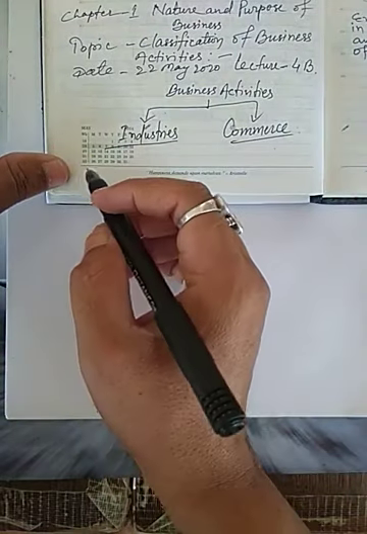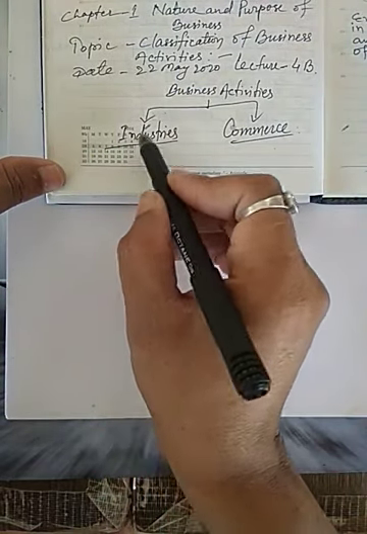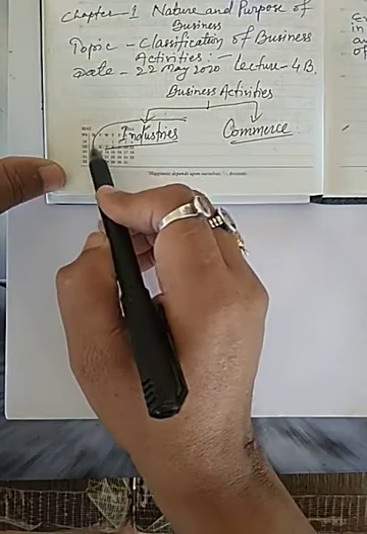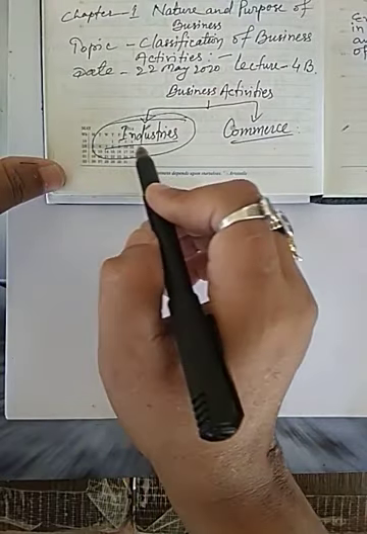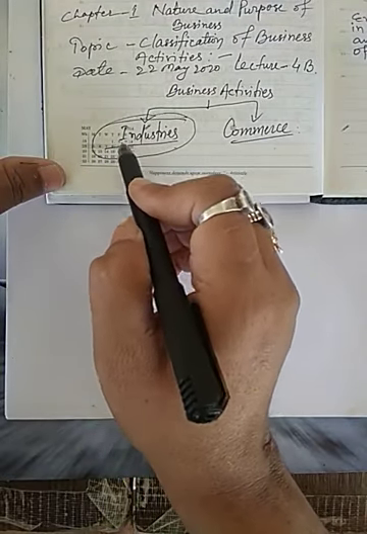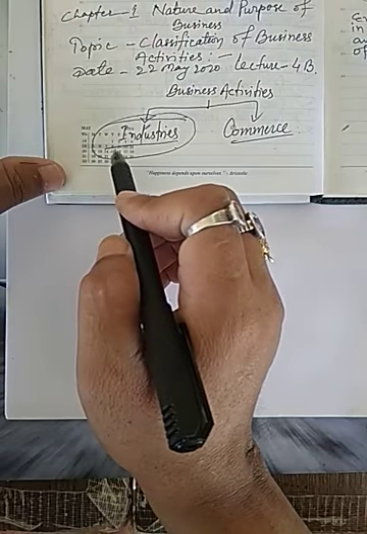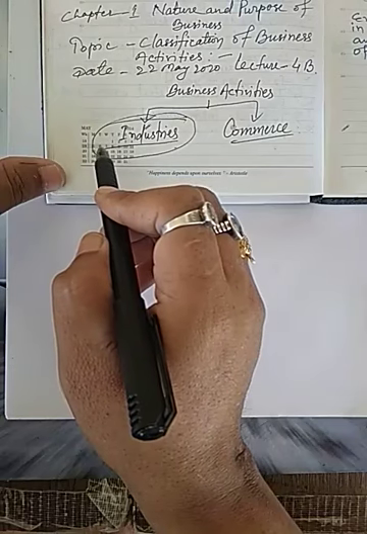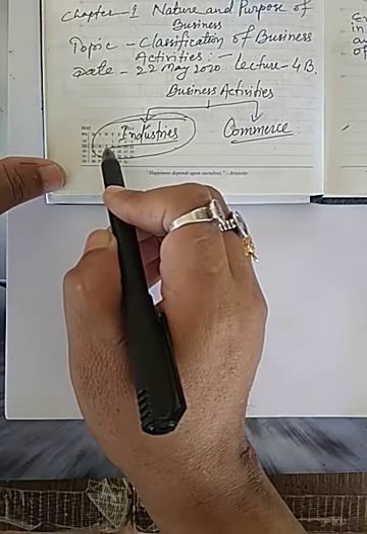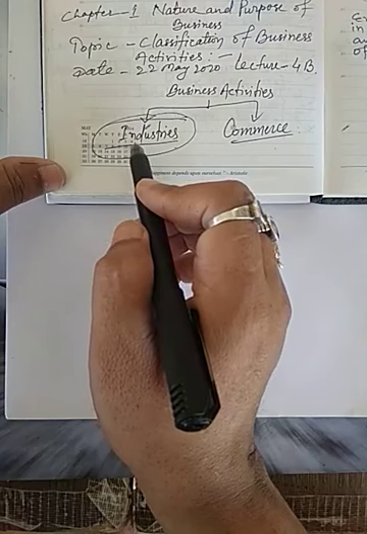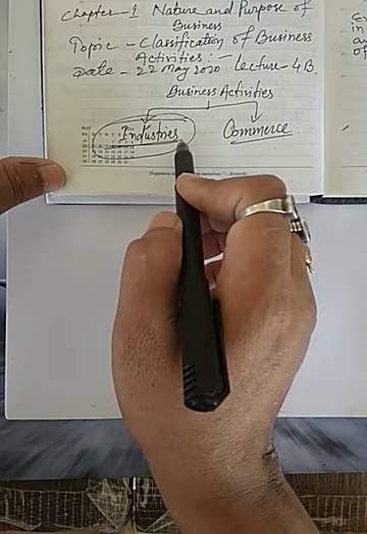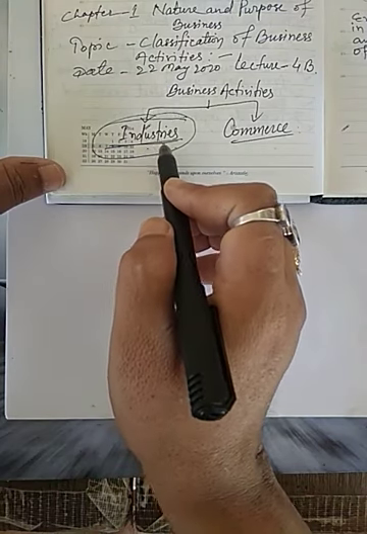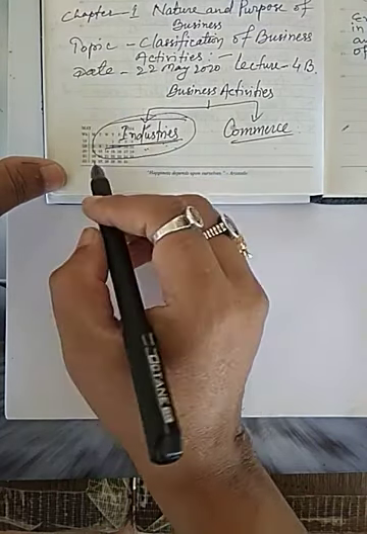Now we have to know about the first, industry. What is industry? Types of industry and subtypes of industry. Basically, industry refers to an activity which converts raw material into useful product.